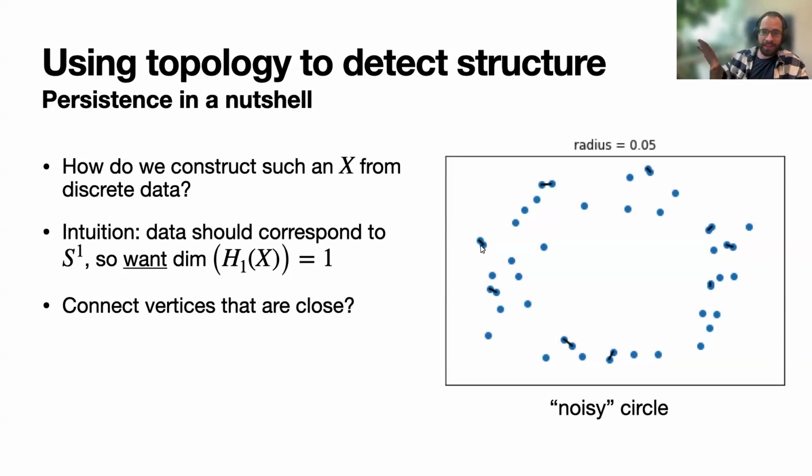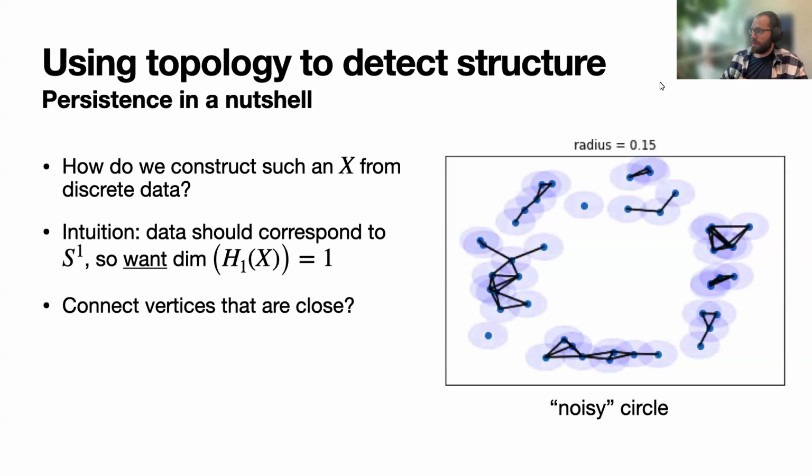But if I were to plug this data as a simplicial complex into my solver, I would not see a circle. I'd really just see a bunch of discrete points. So maybe our radius just wasn't large enough. Maybe I need to connect more points. So I can draw larger balls around each of these vertices, and I get more edges.